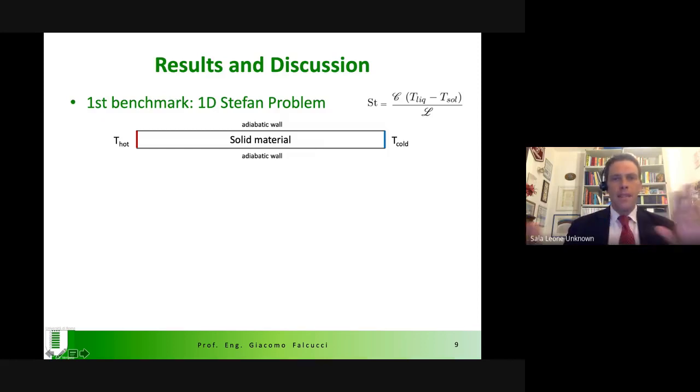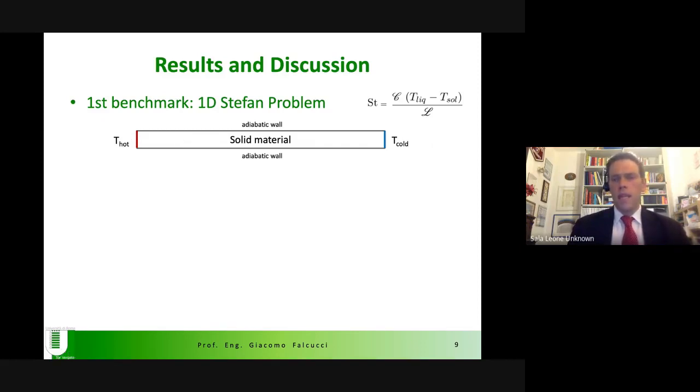It's just 1D because you can consider this slab as purely monodimensional, and so basically the Stefan number governs the dynamics of this melting, and the melting front will advance from left to right on your screen according to the propagation of temperature from the left end of the slab.